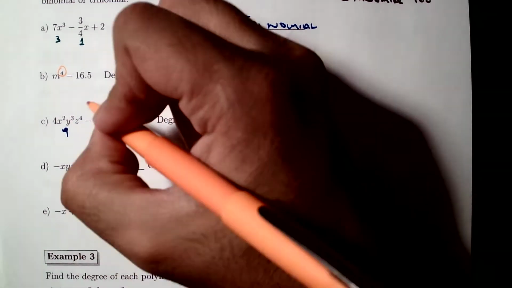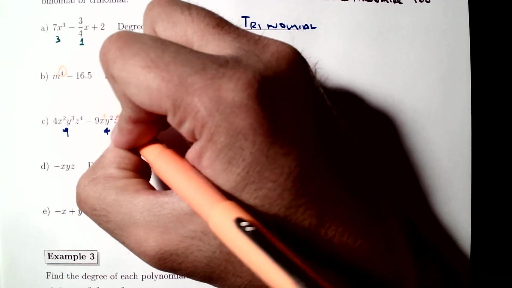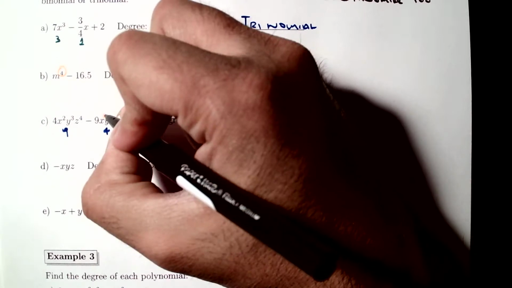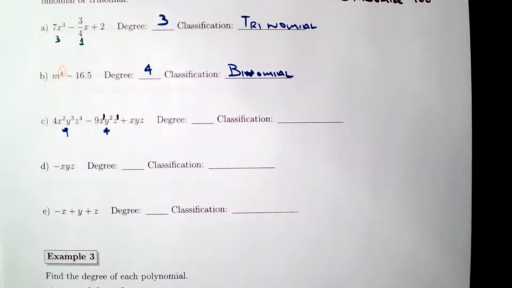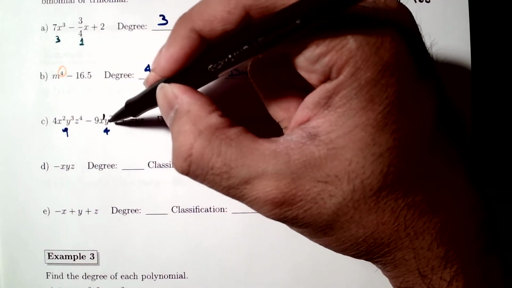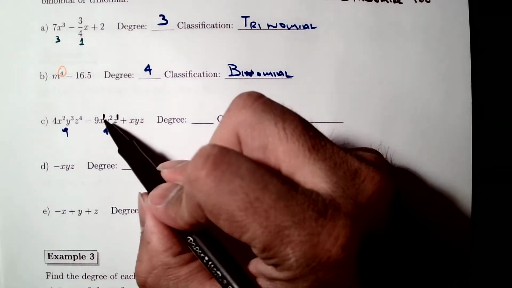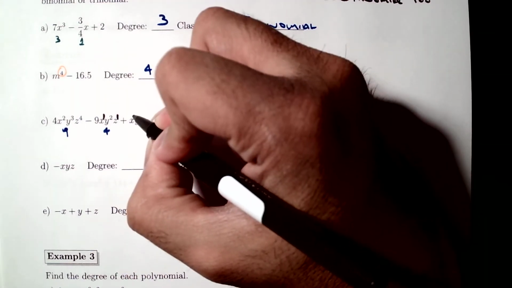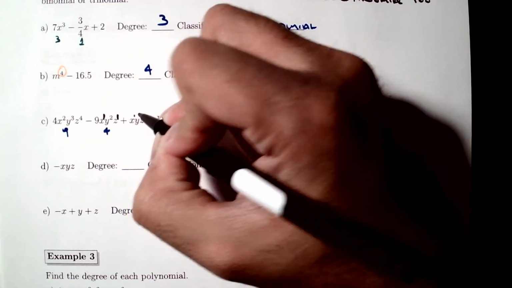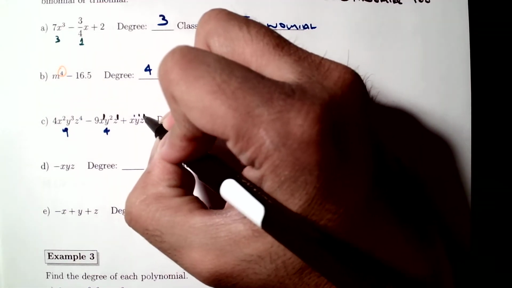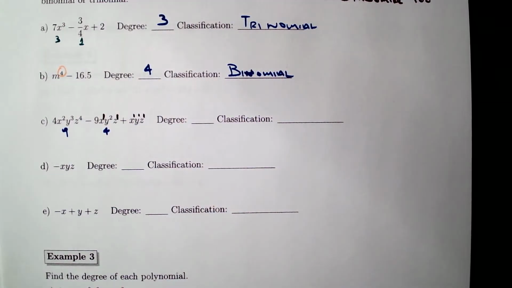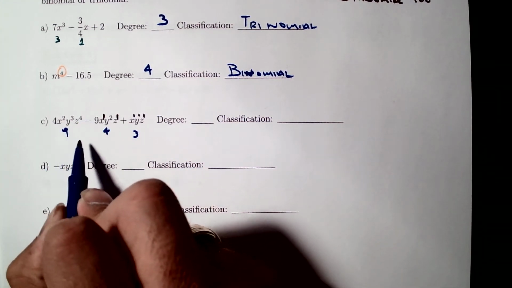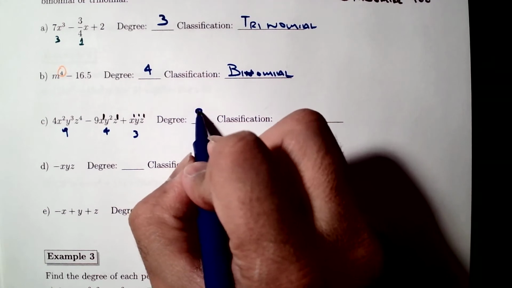If you feel more comfortable, you might want to add these invisible ones. Let me use a darker color so it looks better. So you have x to the first, y to the second, and z to the first, adding up to 4. And x, y, z: x is raised to the invisible 1, y is raised to the invisible 1, and z is raised to the invisible 1. So this is degree 3. The degree of the polynomial will be that of the largest one, which is 9.